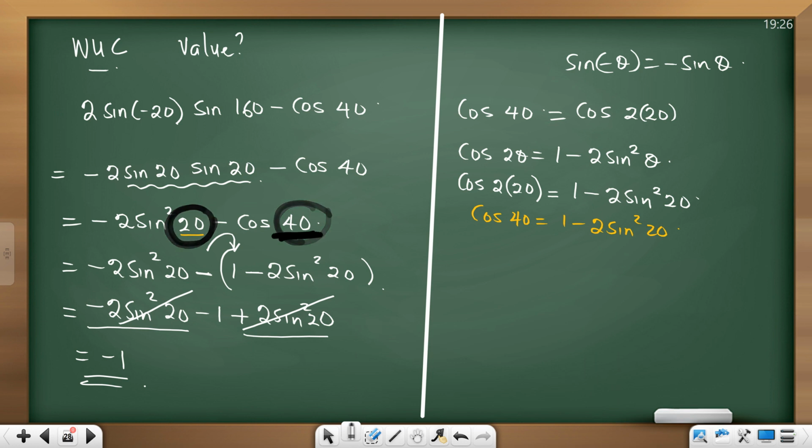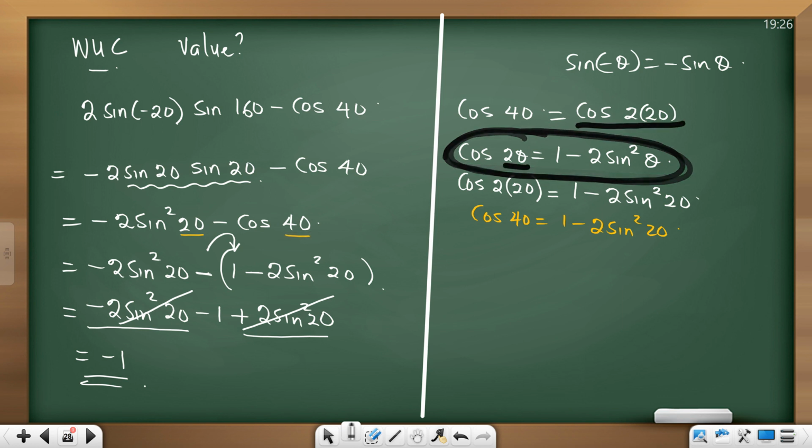So I changed my 40 to 2 times 20. Go to your formula page and write double angle there. Double means times 2. So cos 2 theta, this is the formula. My theta is now 20, so this is 40. I'm just replacing this and bringing that in.